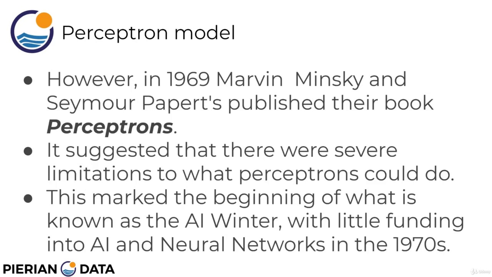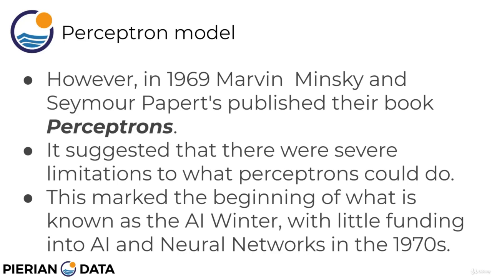However, about a decade later, in the late 1960s, two researchers, Marvin Minsky and Seymour Papert, published a book labeled Perceptrons. It suggested that there were actually severe limitations to what perceptrons would be able to do. A big part of that limitation was the computational power necessary to work with multi-layer perceptron models.